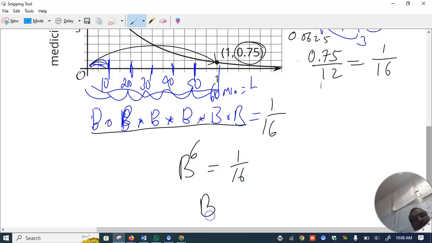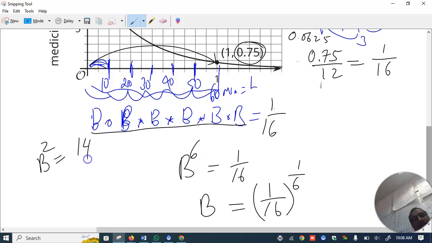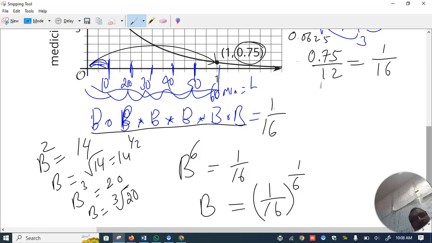And therefore, we can write b as 1 over 16 and the whole raised to 1/6. It's like if I have b squared is, let's see, any number 14, we write b is the square root of 14. If b cubed is maybe 20, b is the cube root of 20, which is also 14 raised to half, or this is 20 raised to 1/3.